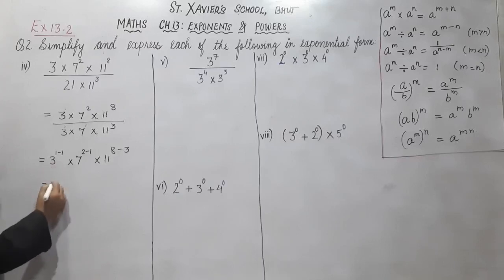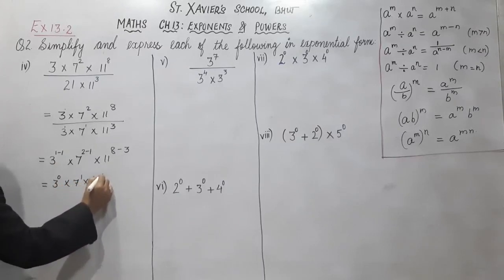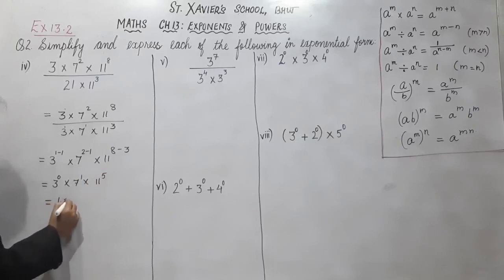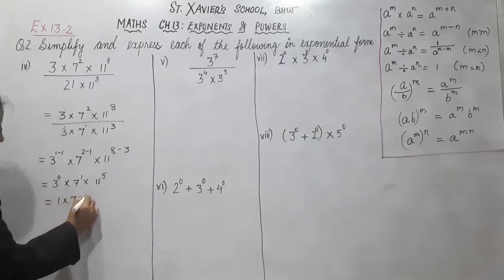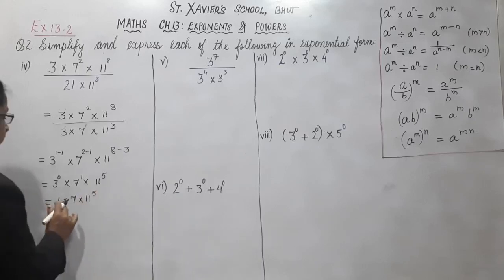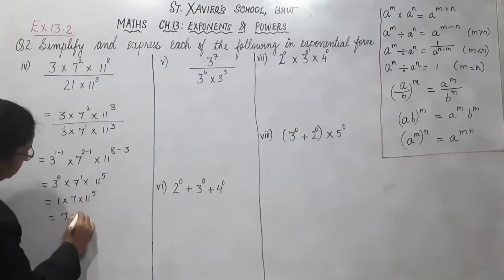Okay. So here 3 raised to 0 into 7 raised to 1 into 11 raised to 5. That is equal to 1 into 7 into 11 raised to 5. That is equal to 7 into 11 raised to 5.